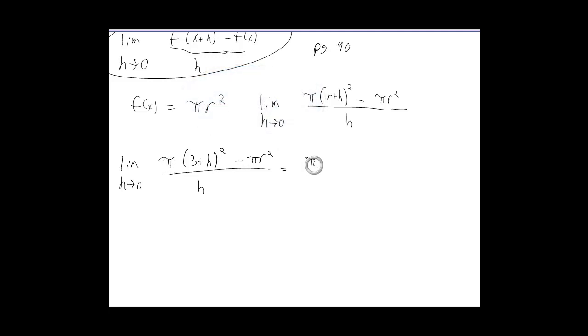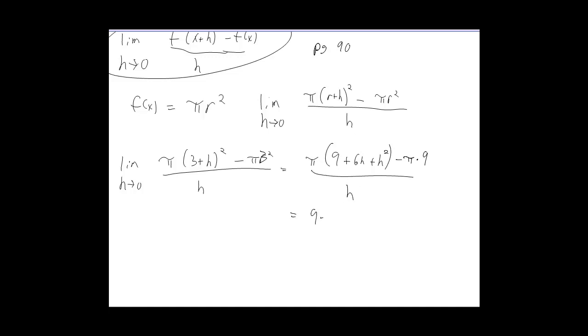So 3 plus h squared: 3 times 3 is 9, and then plus 6h when you FOIL that, and then plus h squared, and then minus pi, and again our radius is 3 here, so pi times 3 squared, so it's minus pi times 9. Now pi multiplies all this stuff in the front, so this is all over h.